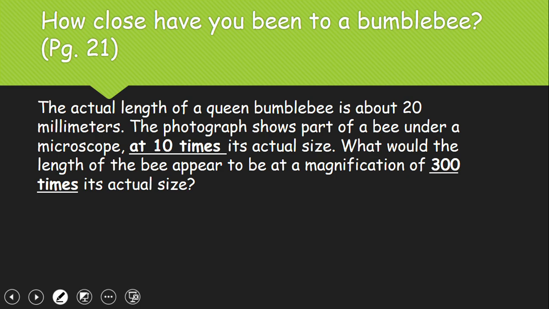This photograph that you see in your book shows part of a bee under a microscope at 10 times its actual size. What would the length of the bee appear to be at a magnification of 300 times its actual size? All right, so we're going to be thinking about 300 times 20 millimeters.